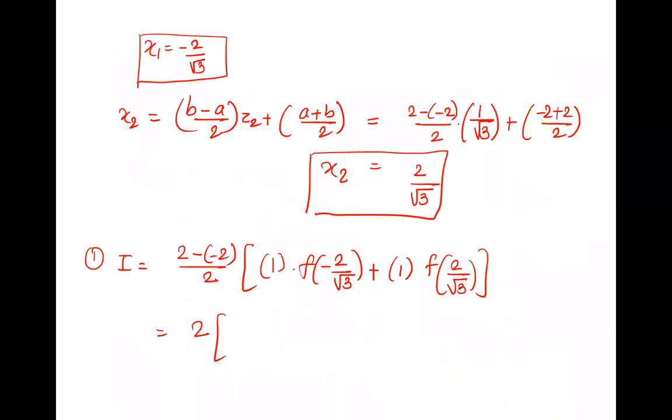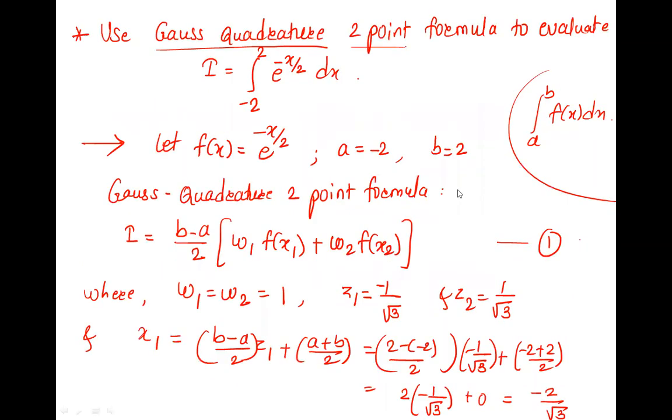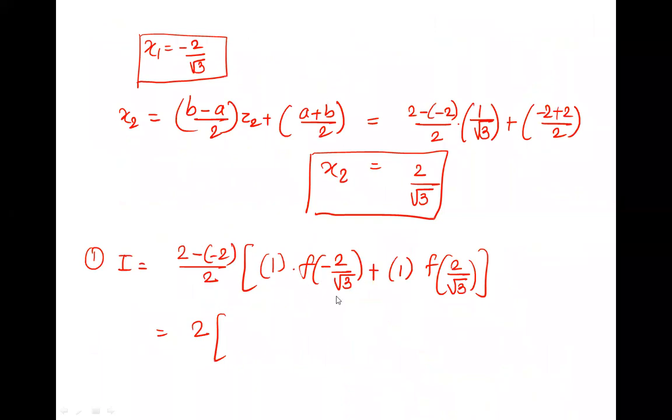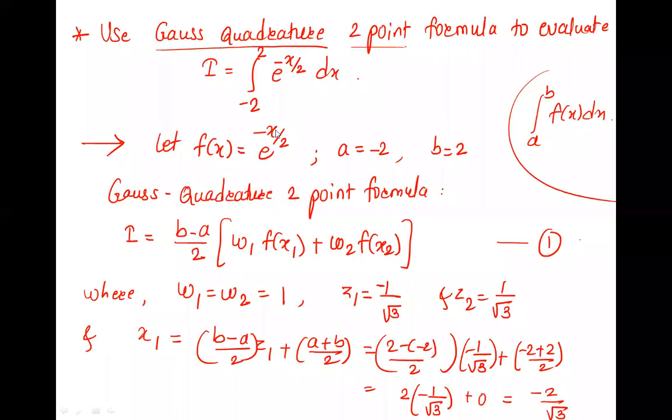What x do we put in place of x? We are finding f of minus 2 by root 3, so in place of x we put minus 2 by root 3, then minus minus becomes plus. Minus 2 by square root 3, bracket complete, by 2. What did you get?